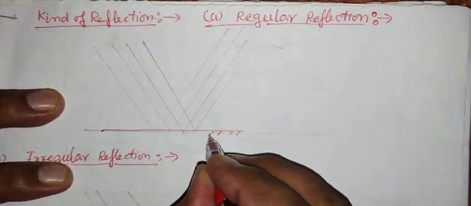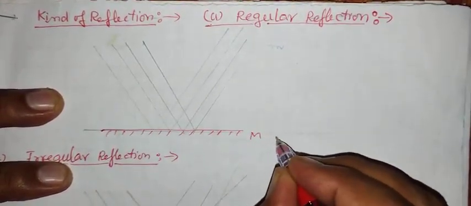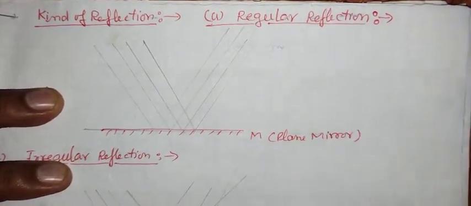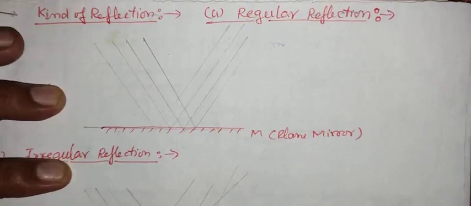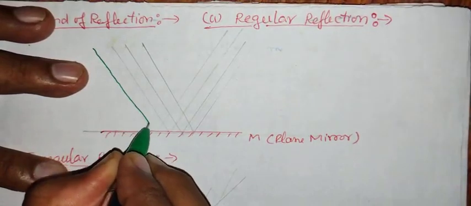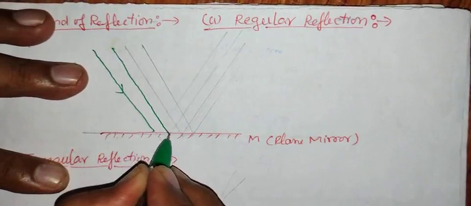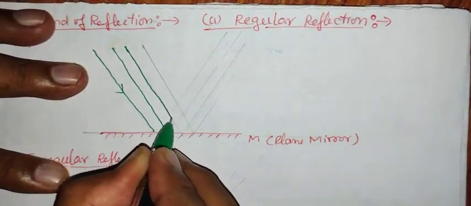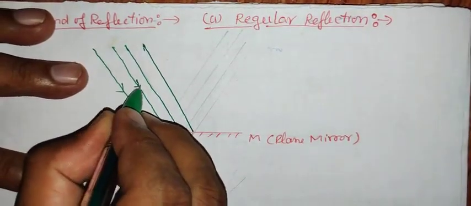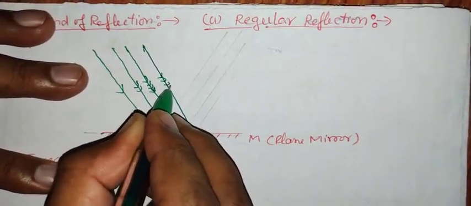Let it be a plane mirror, the position of this plane mirror M. And on this plane mirror, we are taking a parallel beam of light falling here.